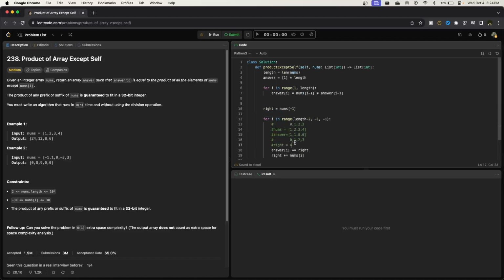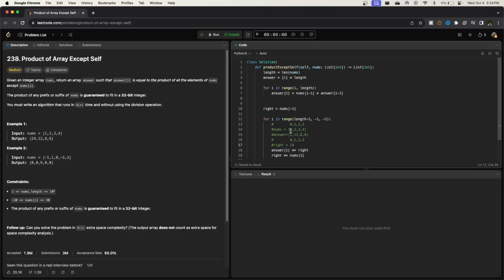So right was 4, and now it's 4 times 3, which is 12. And we're at index 1 since we're going in reverse. So what we want to do is answer times 12, which is just 12. And then now we're setting right times this number. So 12 times 2 is 24.